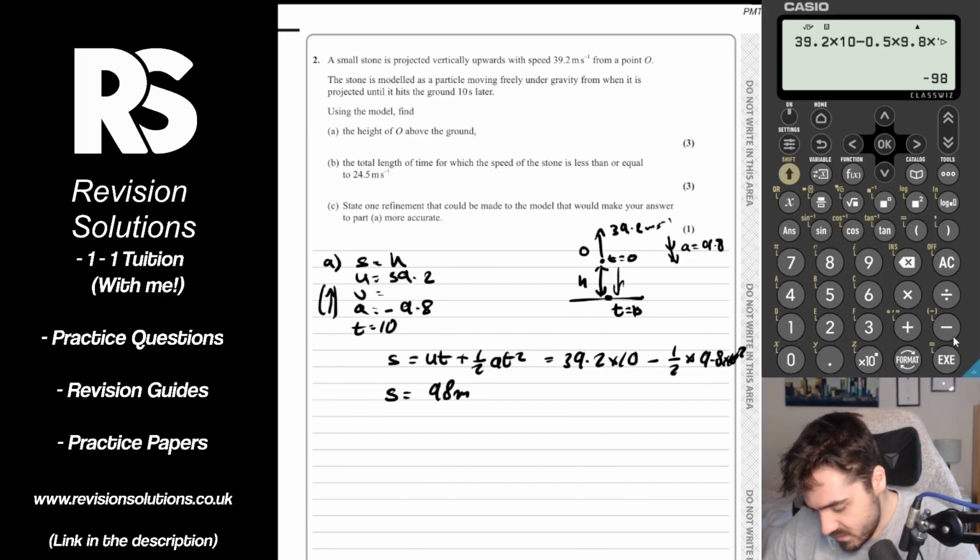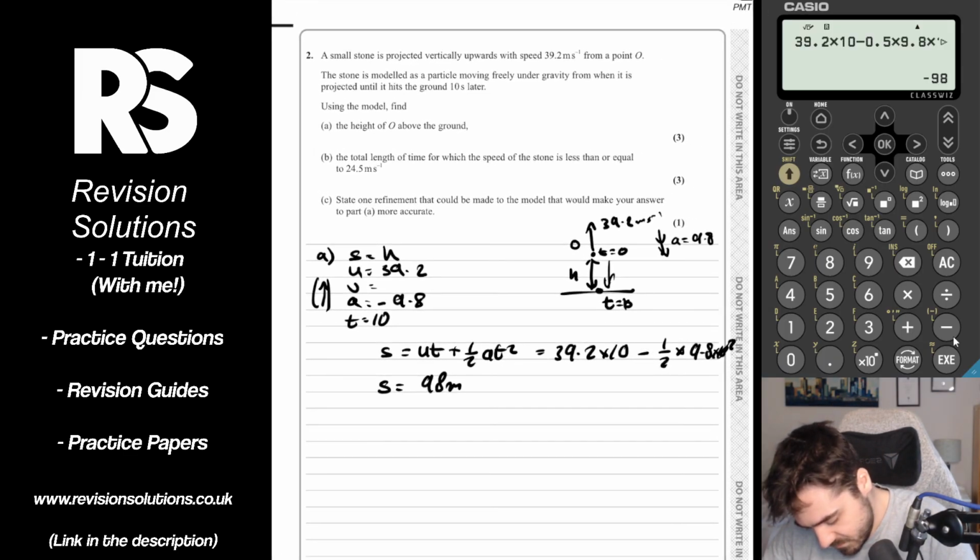Good. Next: the total length of time for which the speed of the stone is less than or equal to 24.5 meters per second. Okay, well, let's find at what times it's equal to that, and then we can think about how long it was below that speed for.